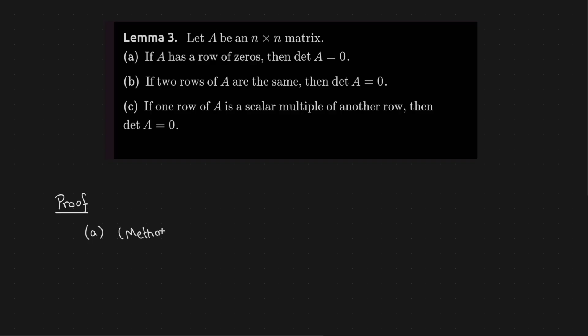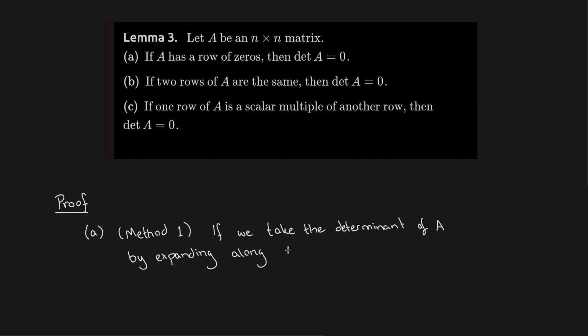So method 1, probably the simpler method. If we take the determinant of A by expanding along the row of zeros, then clearly the determinant of A will be 0.